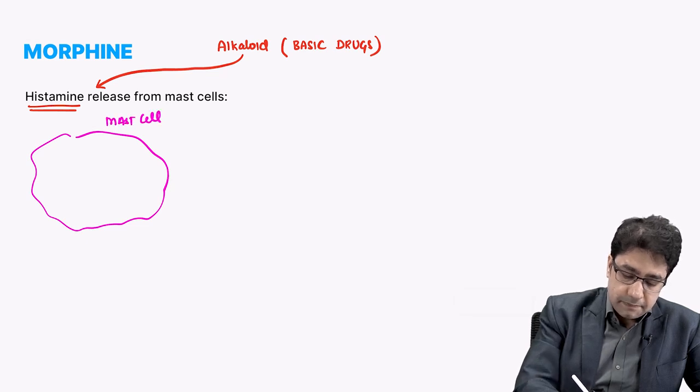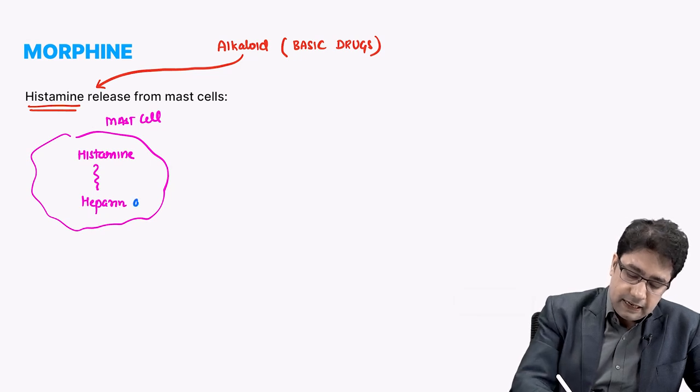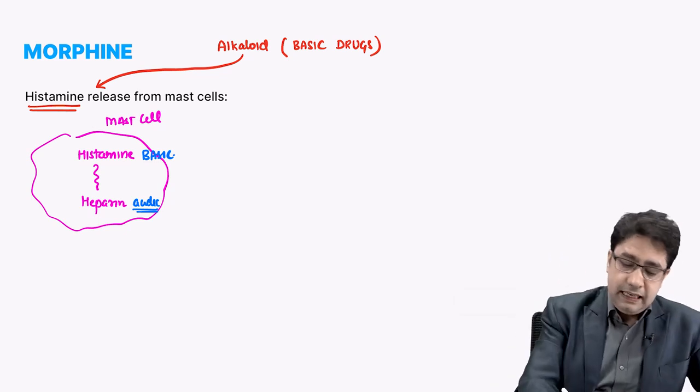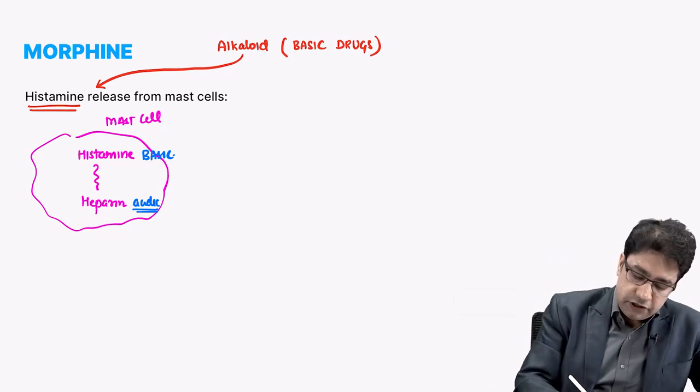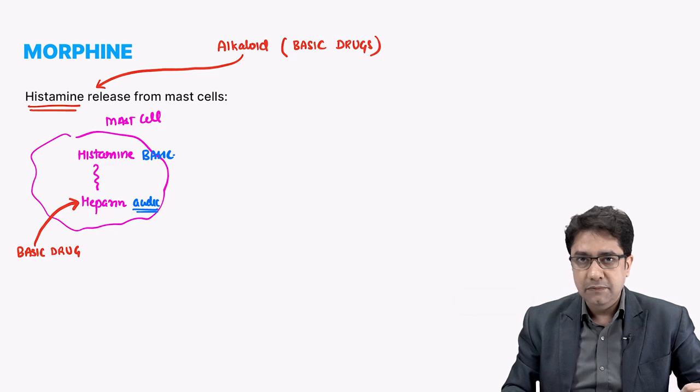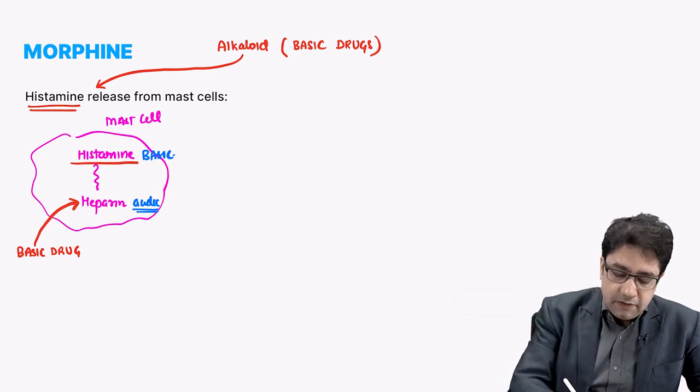In mast cells, remember, histamine is attached to a molecule known as heparin. Heparin is an acidic molecule and histamine is a basic molecule. So when we give any basic drug to our patient, can we say basic drugs, when given from outside, will attach to heparin? Acid and base attach among themselves, and this histamine will become free.